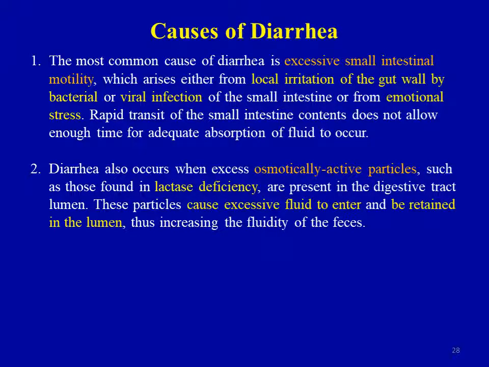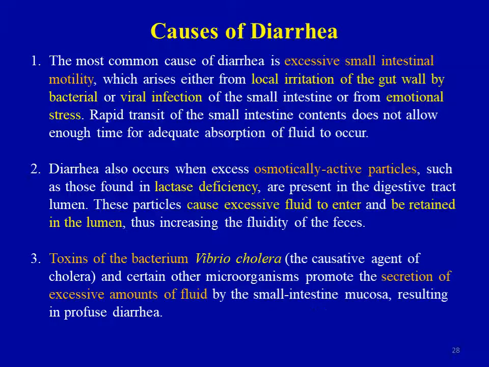Diarrhea also occurs when excess osmotically active particles, such as those found in lactase deficiency, are present in the digestive tract lumen. These particles cause excessive fluid to enter and be retained in the lumen, thus increasing the fluidity of feces.